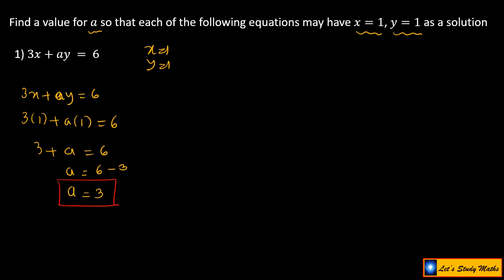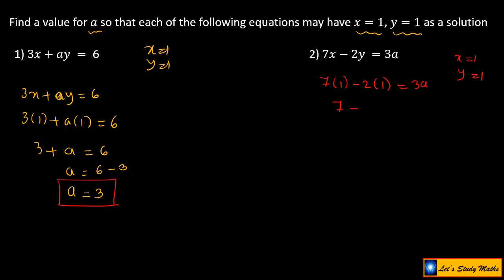So we'll see another example. The second question, 7x minus 2y is equal to 3a. So here we are having x is equal to 1, y is equal to 1, given in the question. So we'll fill these values in the 7x minus 2y equals 3a equation. So that is 7 into 1 minus 2 into 1 is equal to 3a.